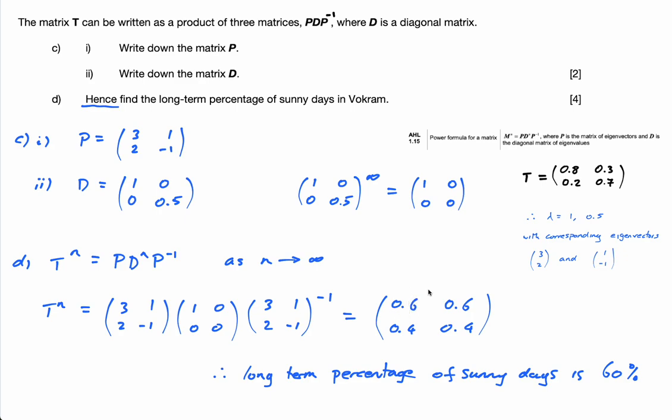Well, 60%. And if it's rainy today, what's the probability that it'll be sunny in 1,000 days? Well, it's also 60%, because the further you go away from today, the less the fact that it's rainy or sunny today affects the model. So these end up being the same. So it's 60%, and the probability that it will be rainy in 1,000 days would be 40%. Okay, that's it. Hope that makes sense, guys, and I'll see you for the next question.